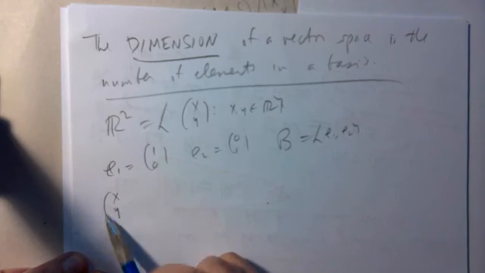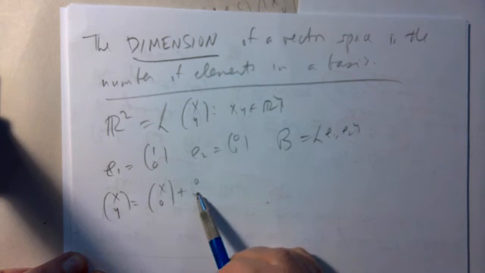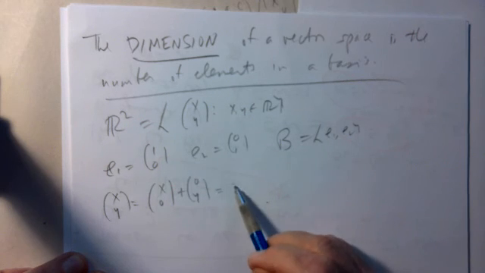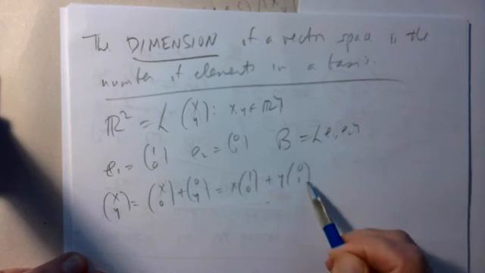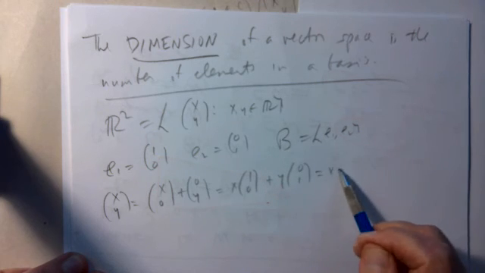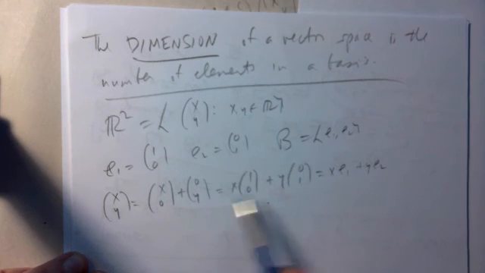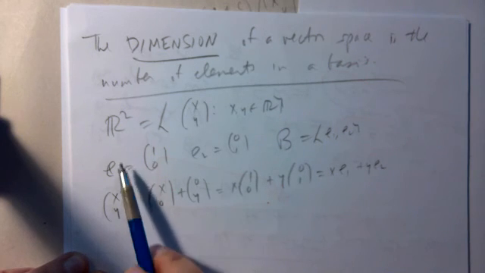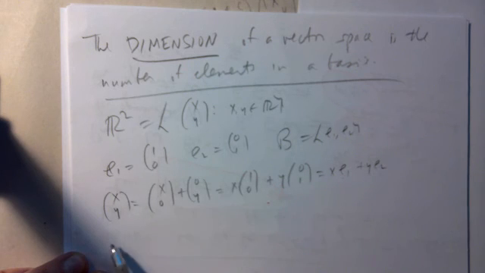And if I take any vector (x, y), I can write that as (x, 0) plus (0, y), which is x times (1, 0) plus y times (0, 1), which is x times the vector e1 plus y times the vector e2. So every vector in R2 is a linear combination of e1 and e2.